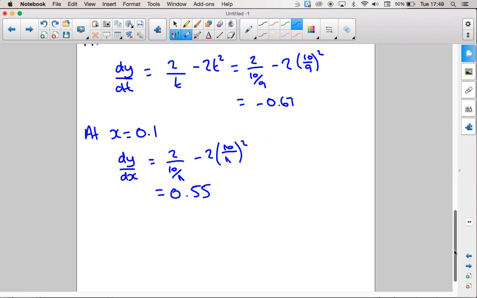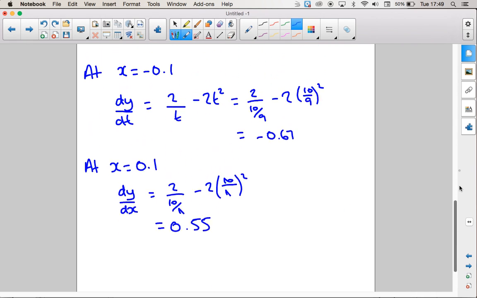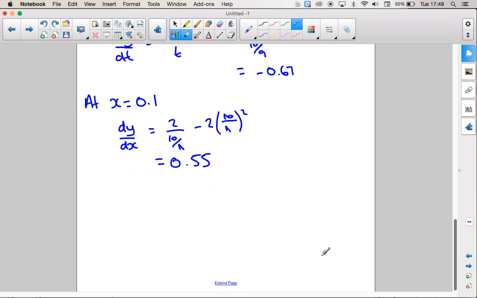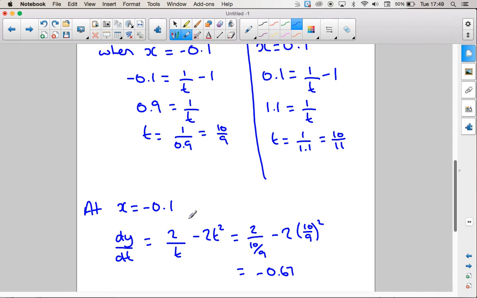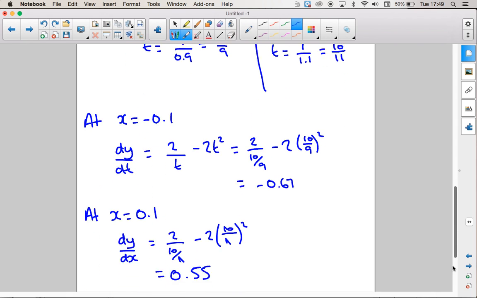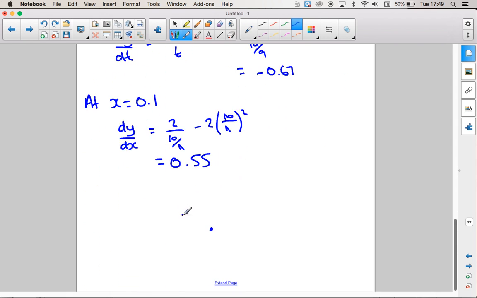So what that tells us is that on the left hand side of the stationary point, the gradient is negative, and on the right hand side it is positive. So it goes negative, then 0, then positive. That tells us it's going to look like this, which means it's a minimum point.